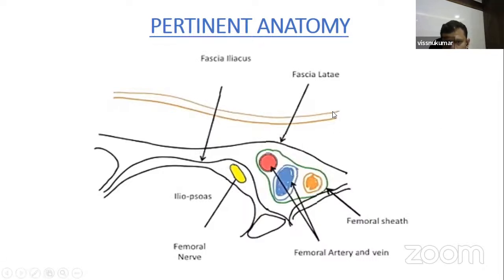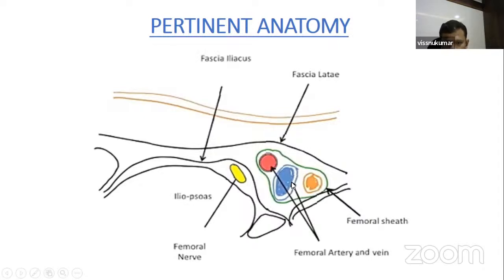Here is the skin and subcutaneous tissue, and the yellow structure is the femoral nerve, which lies over a big muscle called the iliopsoas. Above the nerve you have a fascia called the fascia iliaca, and above this fascia is another fascia, the fascia lata. And we have the vascular structures, the femoral vein and femoral artery, and these vessels and the lymphatics are enclosed by a separate fascia.